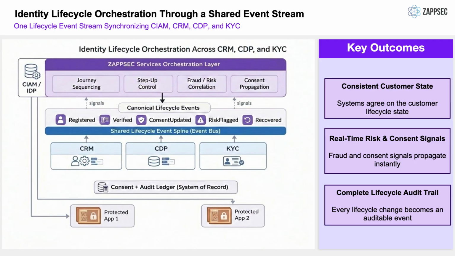Every state change produces a structured event, things like registration, authentication, verification, consent updates, risks that are being flagged or account recovery. Those events are published once, and downstream systems subscribe to what they need. So we publish it once and subscribe many.